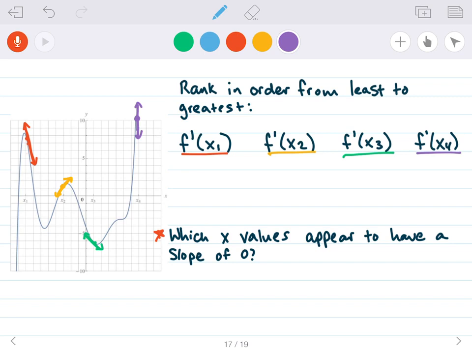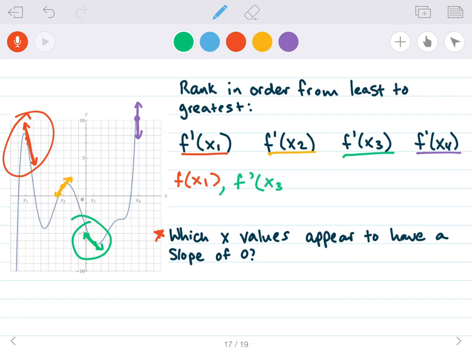but that's going to have a pretty steep positive slope. Okay, so from least to greatest, which has the smallest slope? That's going to be the steepest negative slope, which appears to be the red one. Okay, so f prime of x1 is the smallest. Do we have any other negative slopes? Yes, we do. We have this guy as a negative slope. And so that's going to come next because it's the only other negative slope.